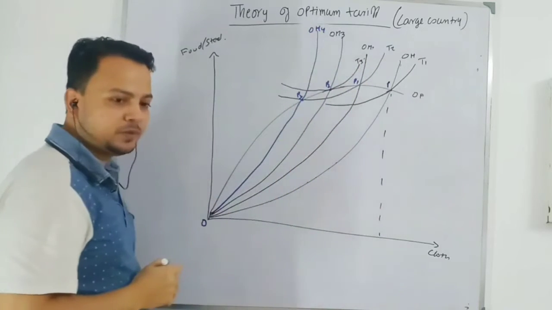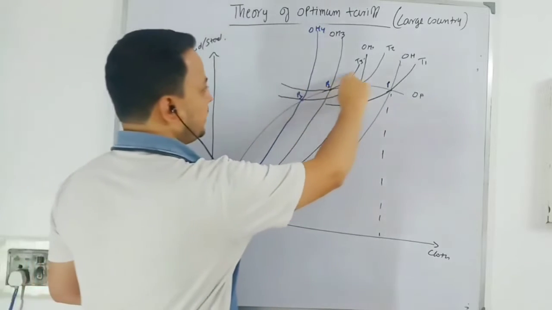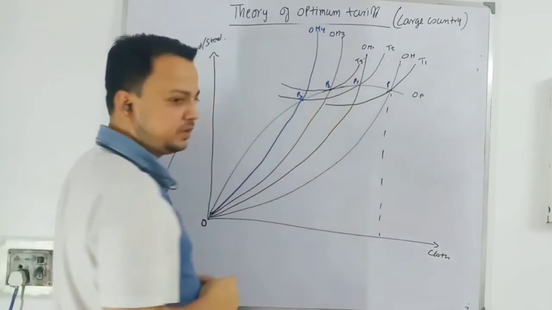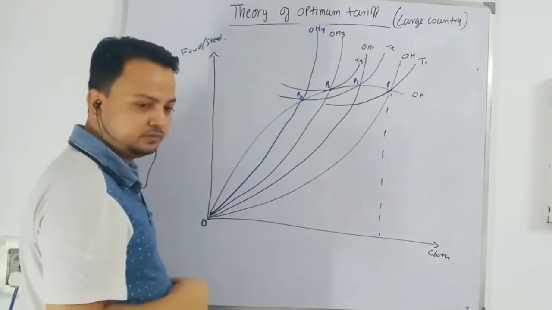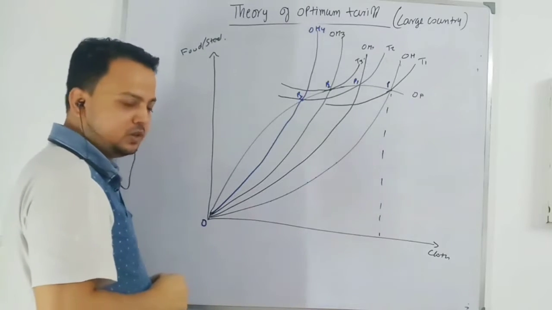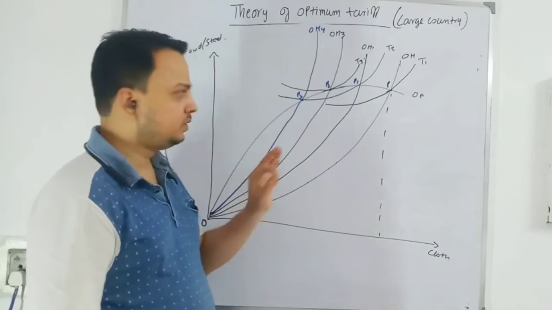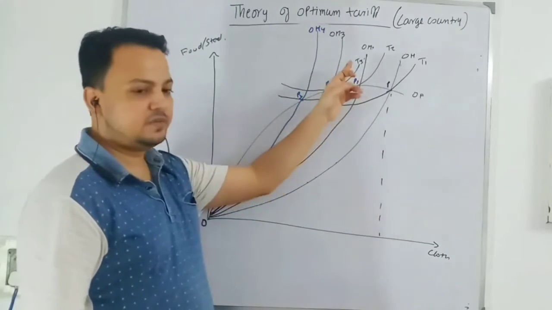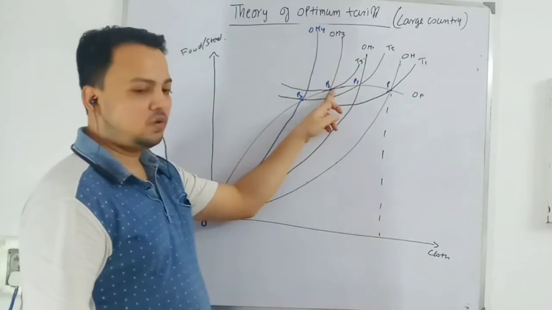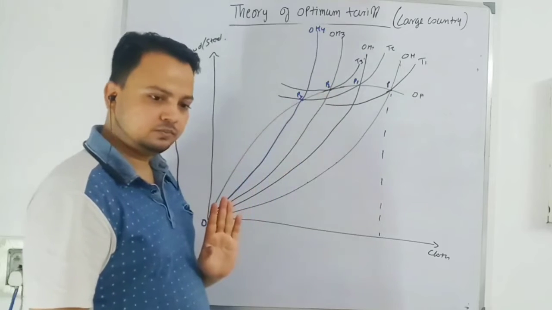So where will be your optimum tariff? Where the trade indifference curve is tangent to the offer curve of the foreign country. So the home country optimum tariff will be at that point where the trade indifference curve is tangent to the offer curve of the foreign country.